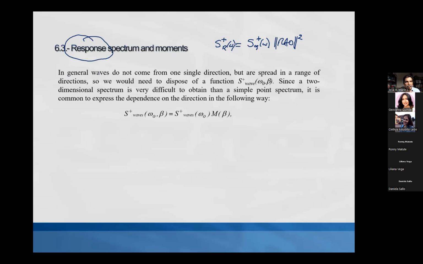Now we have one problem. Before going into these moments, let me draw here just a little picture. Let's suppose this is the ship. And the problem is that we assume that the ship receives waves from this direction.